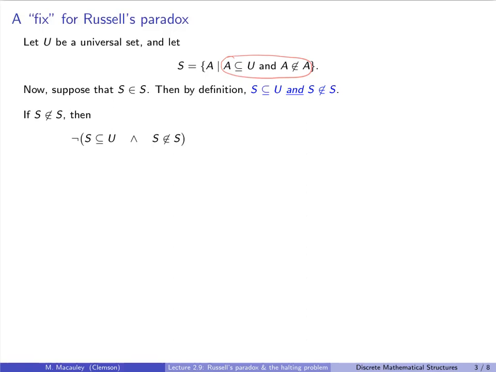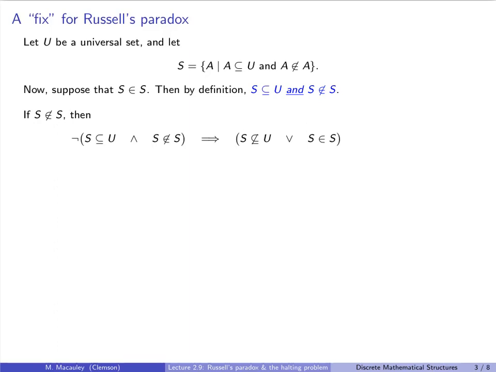So by De Morgan's law, the negation of a conjunction, the negation of, let's call this A and B, is not A or not B. In other words, the negation of S being contained in U is that S is not in U. The negation of S not being an element of itself is that S is contained in itself.